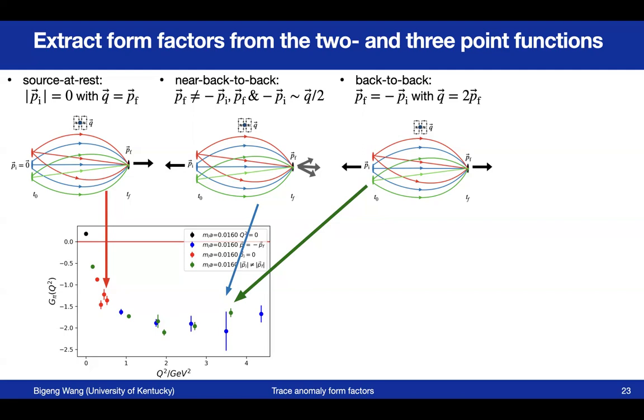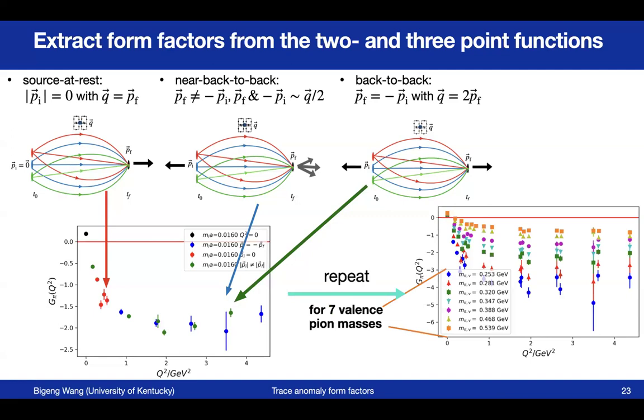And because we are going to explore the quark mass dependence of the form factor and everything else, we repeat this process for 7 valence pion masses. So that's a summary of all the results we have for all these different masses.